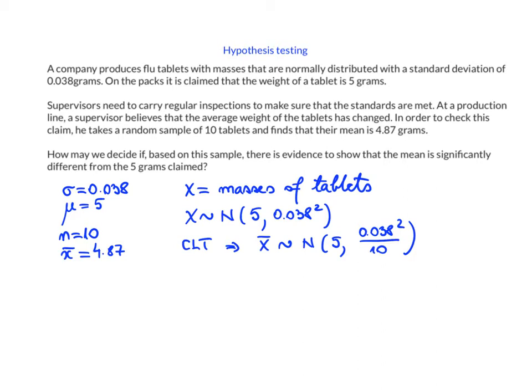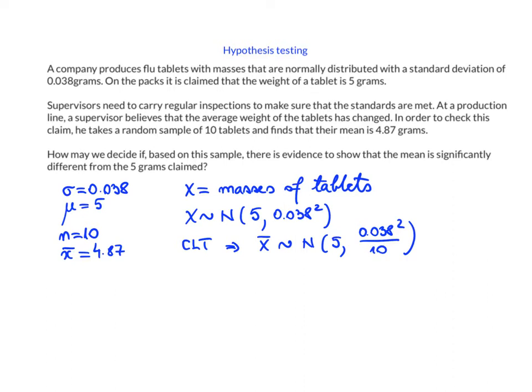Okay, so let's see how far 4.87 is on this distribution. We need to make sure that we understand that this x bar, the mean of the samples, is not on the distribution of the tablets, but is on this distribution because it represents a mean.